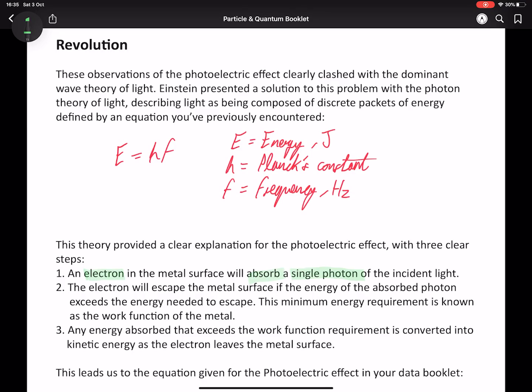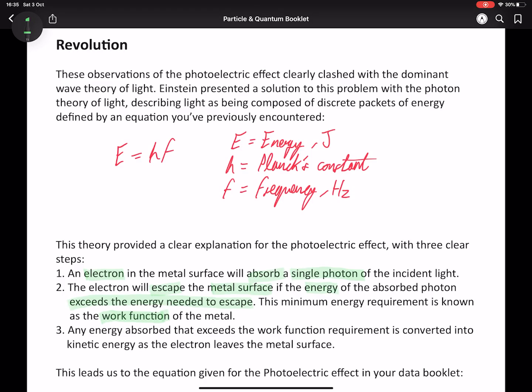So it's a one-to-one relationship, and that is critical. Now, an electron will leave the metal surface if it has enough energy, and we always refer to it as the metal surface, even though it is multitudes of layers deep of atoms. It's still to us a surface.